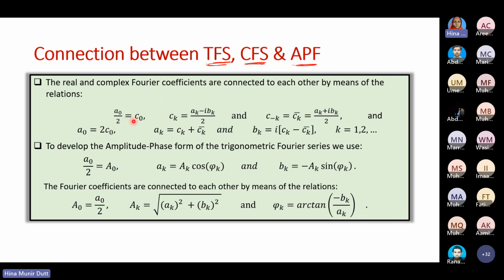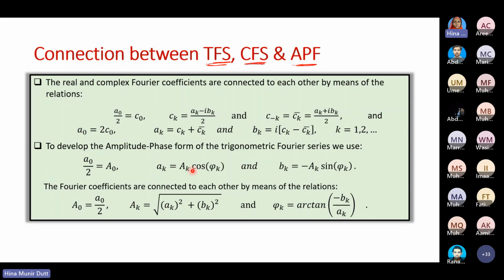A naught over 2 is equal to C naught, and CK is equal to AK minus iota BK over 2, and we have only a difference in the minus sign. And A naught is equal to this one, AK is this one, and BK is equal to this one. Also, by adding and subtracting these two equations, you get this relation in the second line. So to develop the amplitude phase form of the trigonometric Fourier series, we used these expressions.